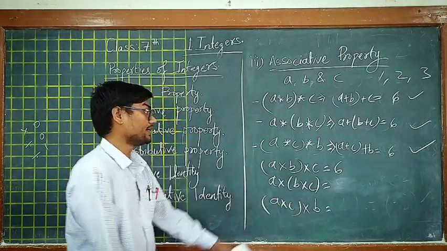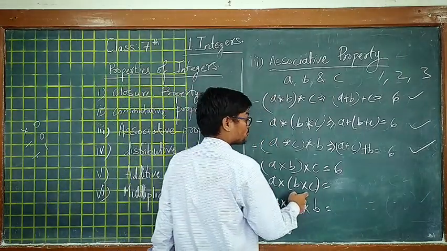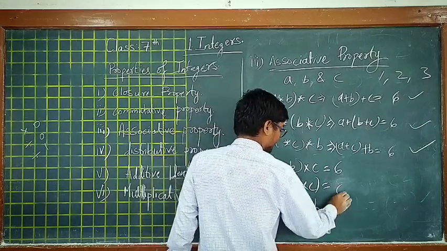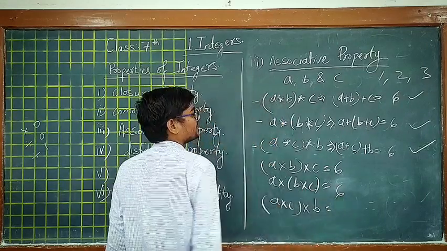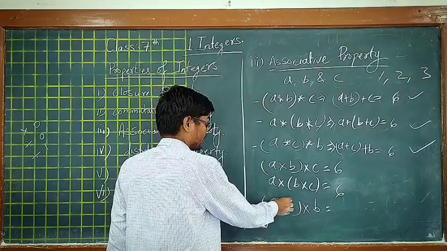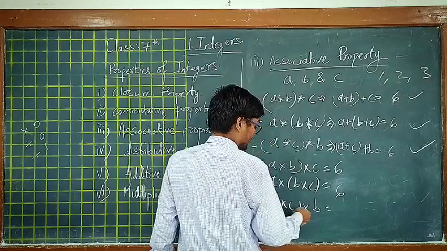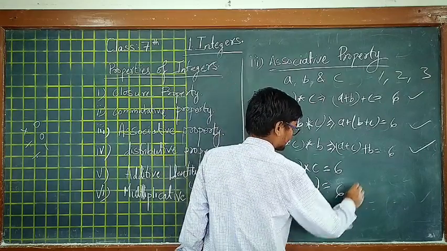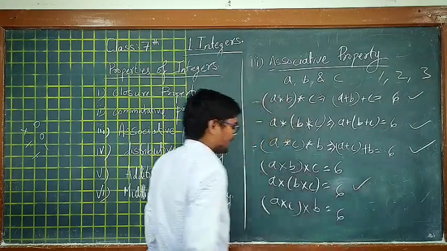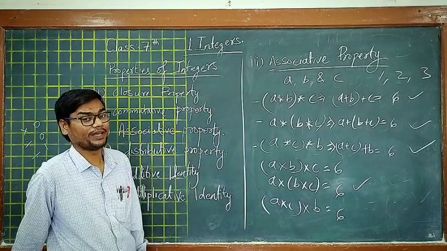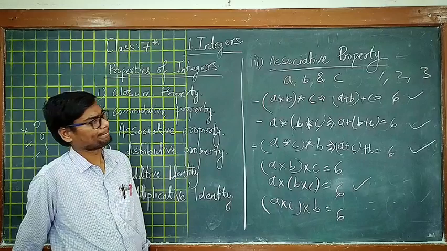Now b into c is 2 into 3, 6, and a is 1, 6 into 1 is 6. A into c is 1 into 3, 3, 3 into b is 2, so 3 into 2 is 6. So multiplication of integers also obey associative property.